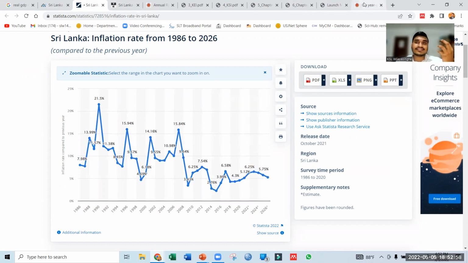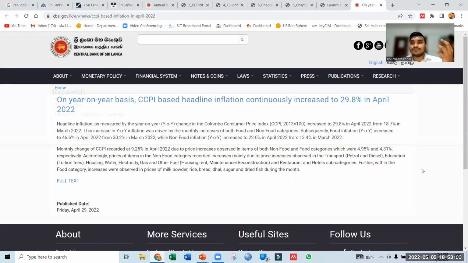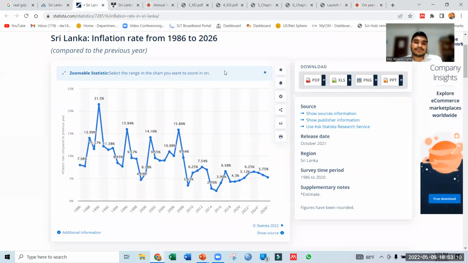So basically this value is a monthly value. If we had around 29 for all 12 months like this, then an average value would come. So basically if you take 1990, our average inflation has been 21.5, that is, the inflation over all 12 months.